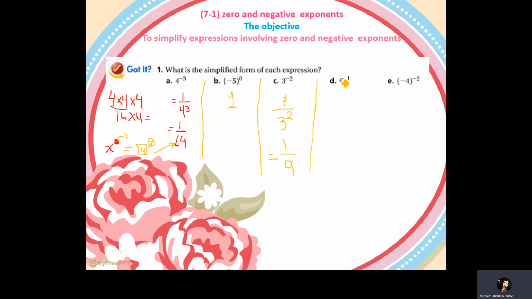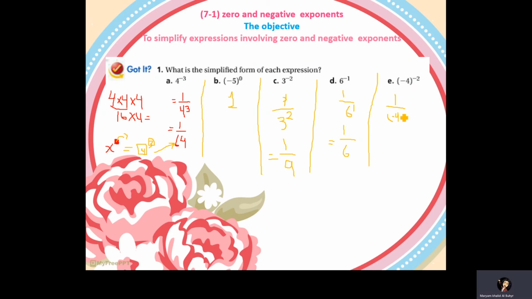Now, next one, 1 over 6 to the power 1. If you have 1 as the exponent, you should not write it. 1 over 6 to the power 1 is exactly the same as 1 over 6.